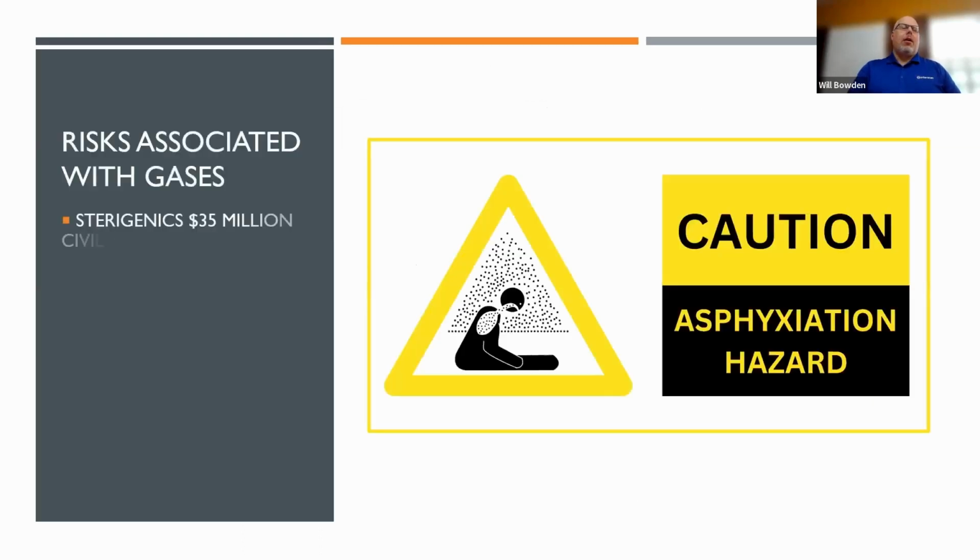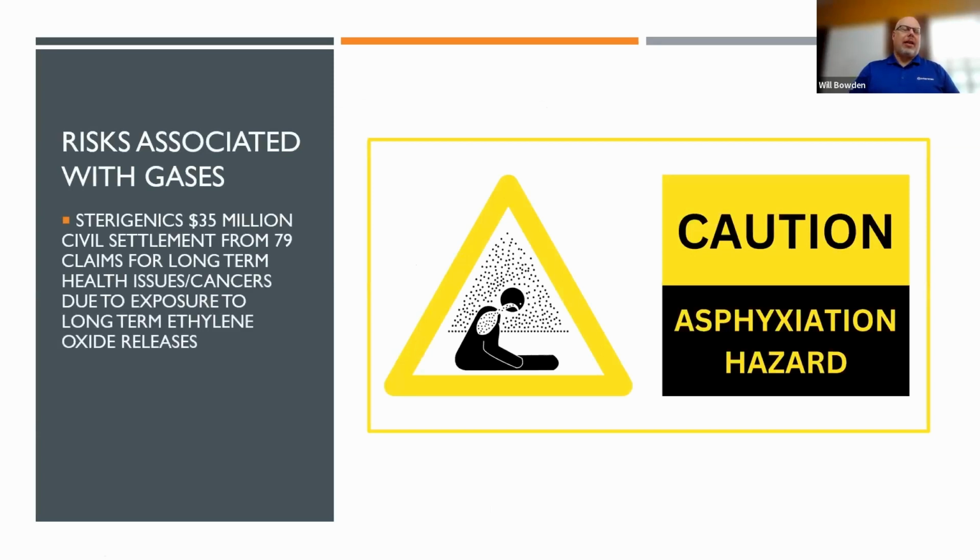So, some of the examples that we have here. We say risk associated with gases. And we have three examples here, and we're going to include links within the chat box to the stories on these. First of all, there's a company outside of Atlanta called Sterigenics, who just settled a $35 million civil settlement from 79 claimants due to long-term health exposures and then cancers that they attributed to long-term ethylene oxide releases out of this facility.